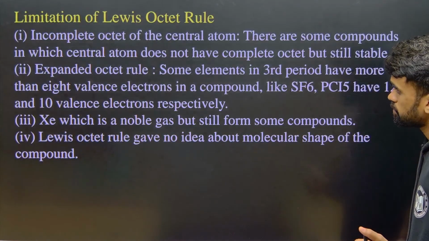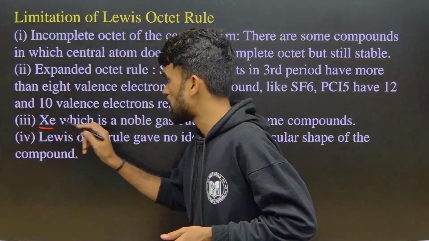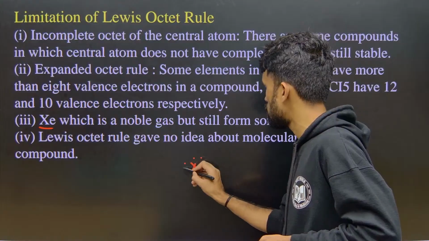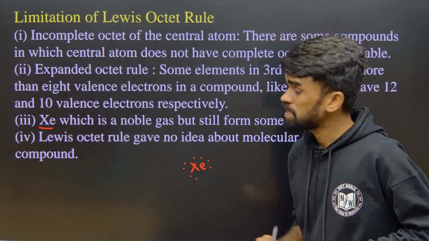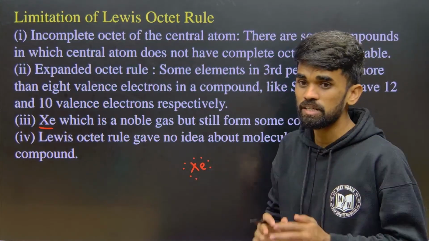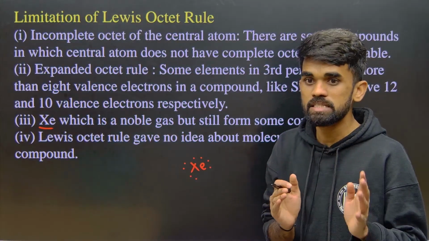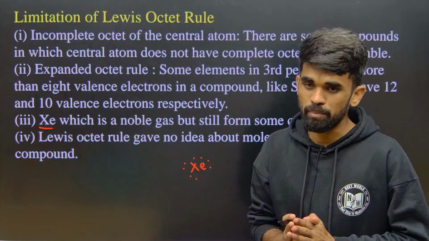Next. See, one more thing. Xenon belongs to which group? It is a noble gas. It means it has 8 valence electrons around it. But what was told is that a species containing the octet rule configuration is stable and won't show chemical reactions.